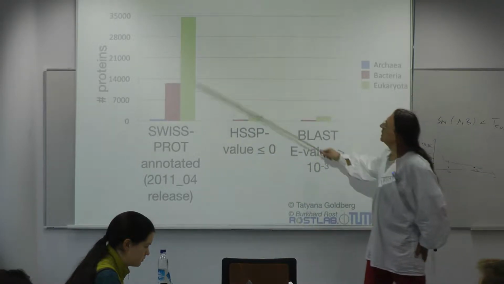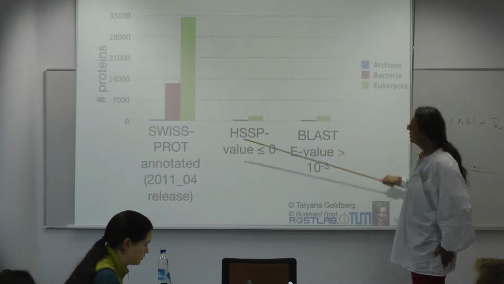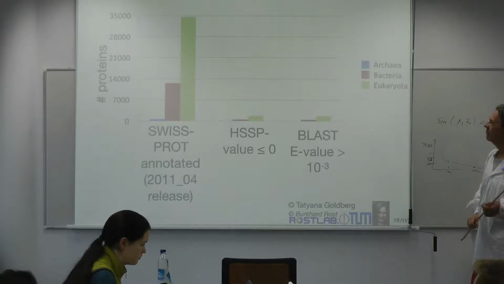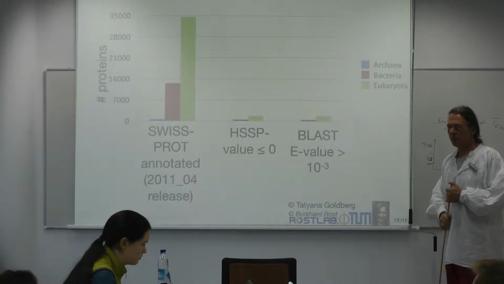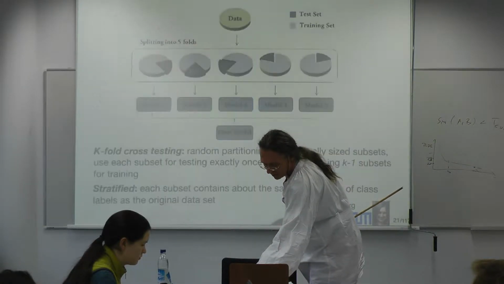Right? So initially we had 35,000, but these 35,000, applying the HSP threshold of 0, or the BLAST E value here, boiled down to something like 1600 redundancy reduced. So a much, much smaller data set. And that ultimately is the only one we used.